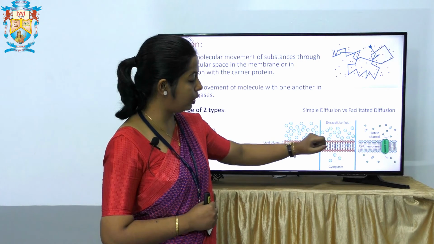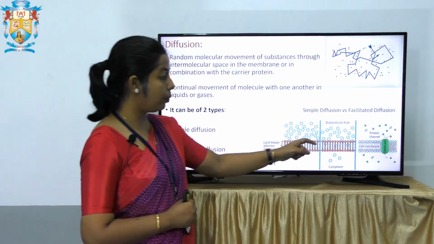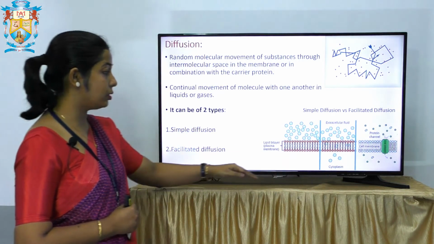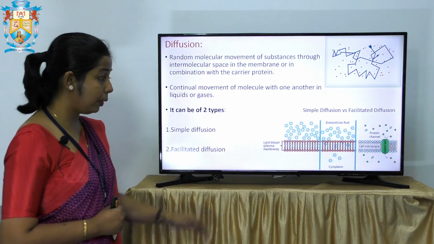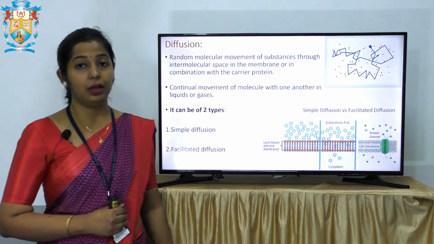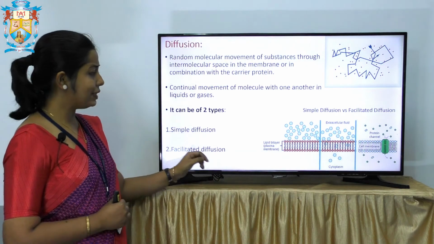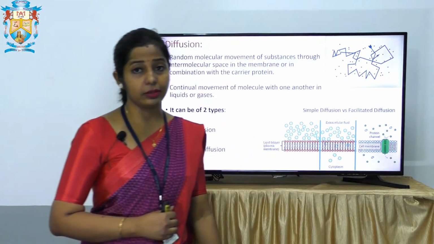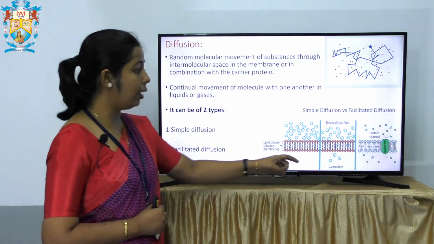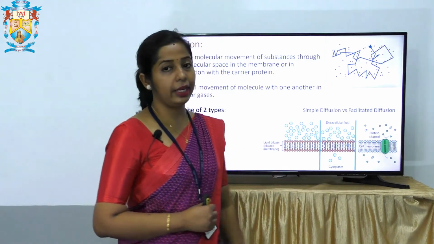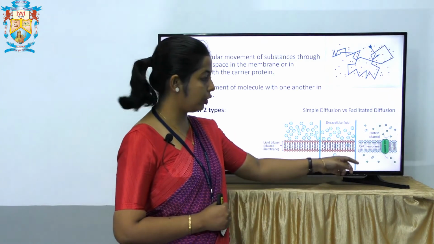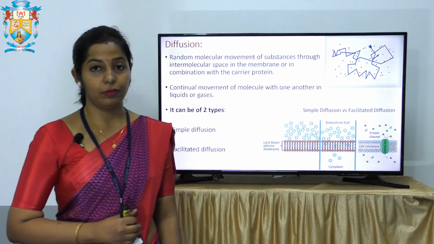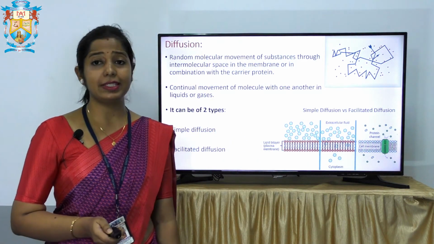During diffusion, the movement of ions takes place from high solute concentration to lower. This process is called simple diffusion, where they can easily cross the lipid membrane. Facilitated diffusion means they require protein channels, with the help of which ions, nutrients or polar molecules can move from the extracellular fluid to the intracellular fluid. Now, we will see in detail.